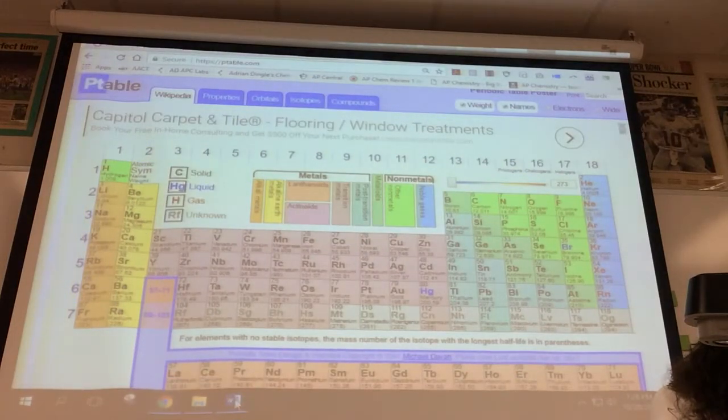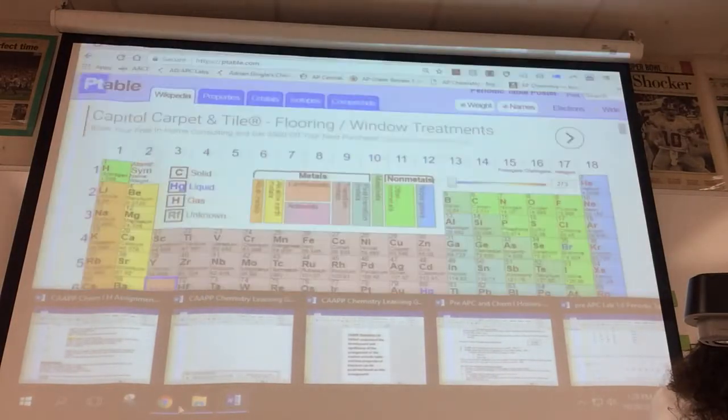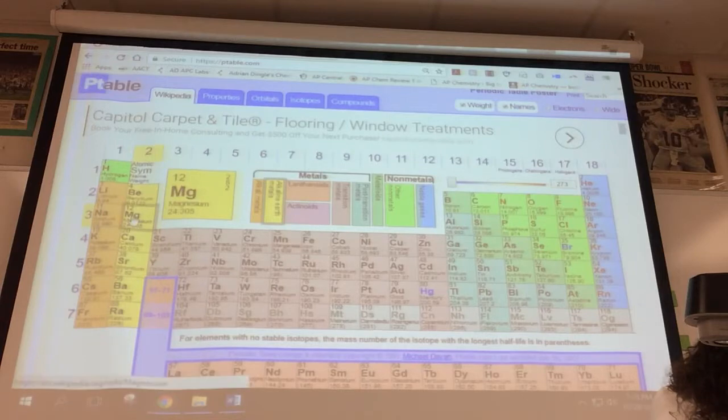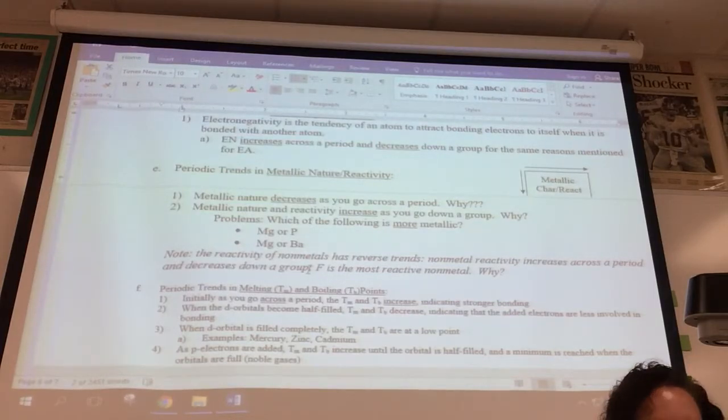And then the other question was, which is more metallic, magnesium or barium? Barium, for the reasons that we've already talked about. So you've already done that, and we said nonmetals have the reverse trend, with fluorine being the most reactive nonmetal.